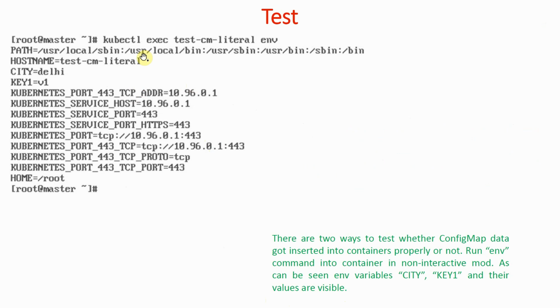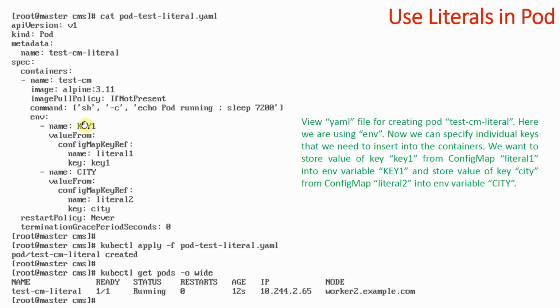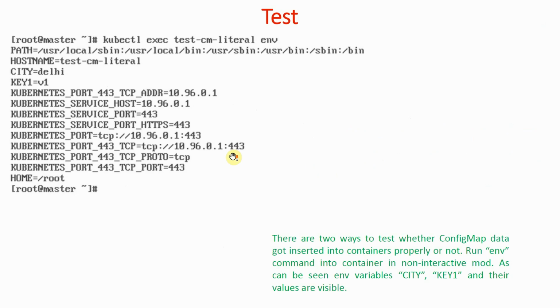Now how to test? We are going to run this command: kubectl exec test-cm-literal, and we are saying please run the env command. Now when we run this command, it is showing CITY has got value Delhi and KEY1 has got value v1, because we were storing the values in KEY1 and CITY. So only two values will be displayed.